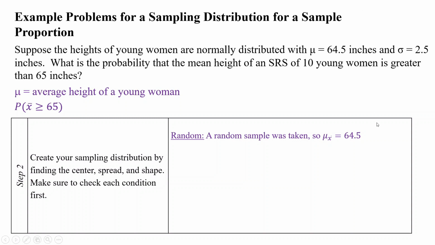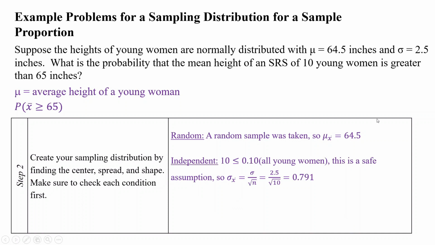So 64.5. For independent, there's a lot going on here, but we check the 10% condition. We check to see if our sample size N, which is 10, is less than 10% of our entire population, which is all young women. Now, this is, of course, a safe assumption to make.